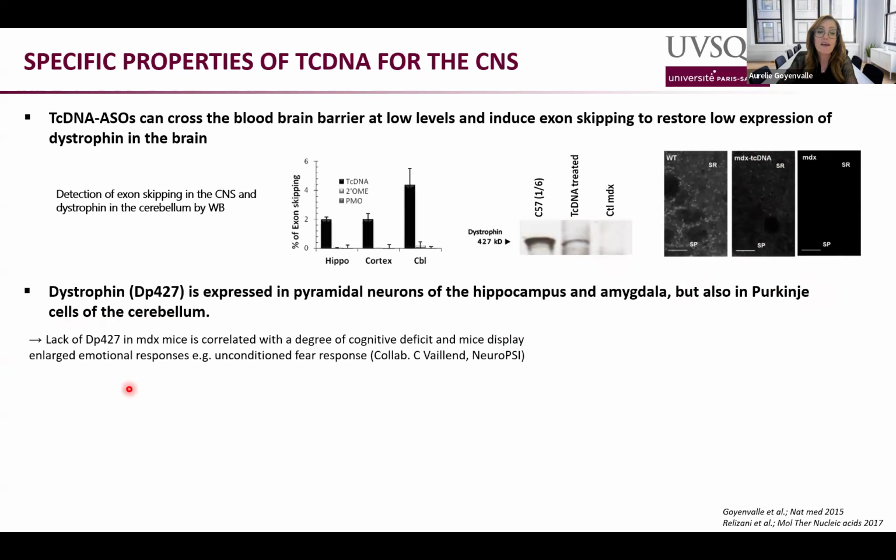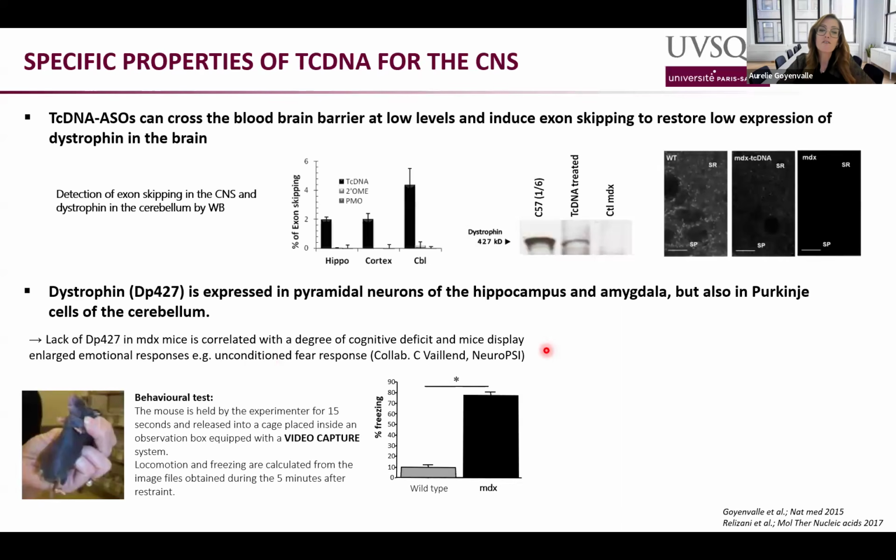And what is interesting is that the lack of dystrophin in dystrophic animals is associated with a degree of cognitive deficits, and the mice actually display some phenotypes. One of them is an enlarged emotional response that we call the unconditioned fear response, that has been very extensively studied by our collaborator Cyril Vaillant at Neuropsy.